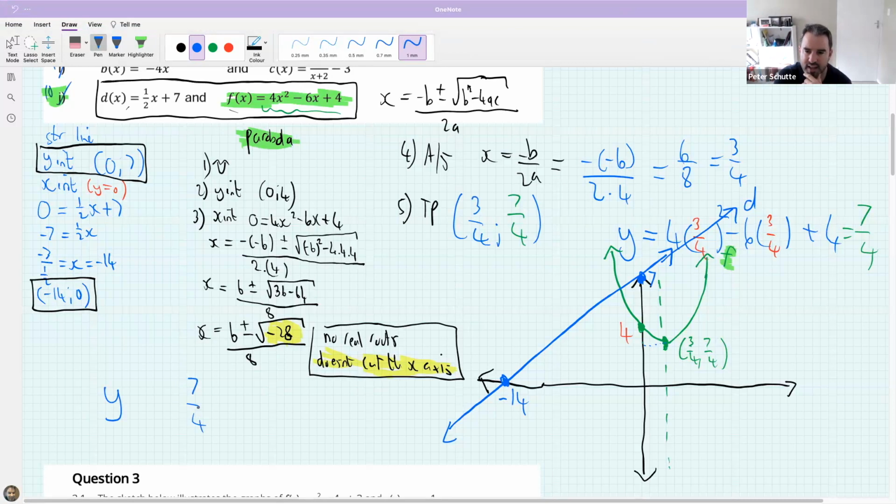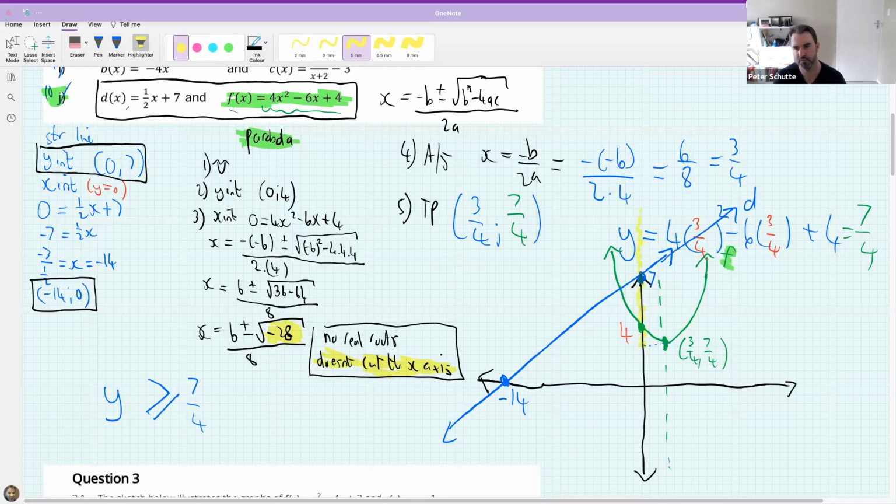So is y less than, equal to, greater than, equal to? What's this relationship going to be? I think y has to be bigger, or it has to be equal to 7/4. So if I use a different color, the y values that are valid start at this point, and then they just keep going up from there.